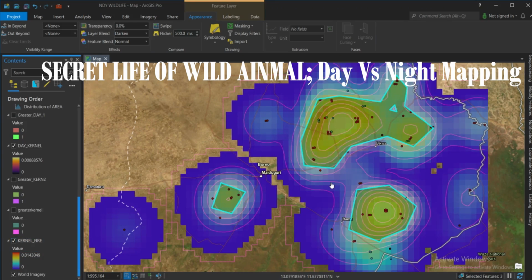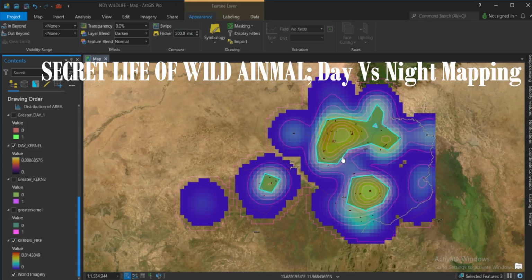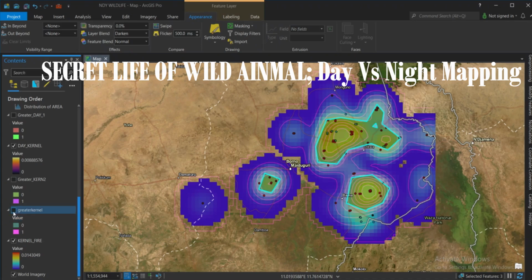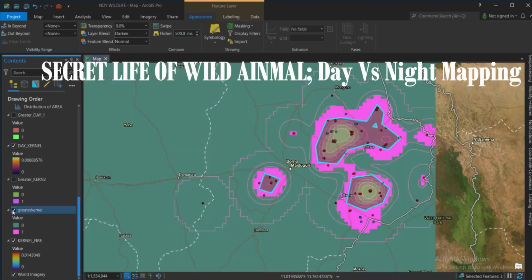You can see this is our kernel density analysis with its different functions. So these are the greater values.